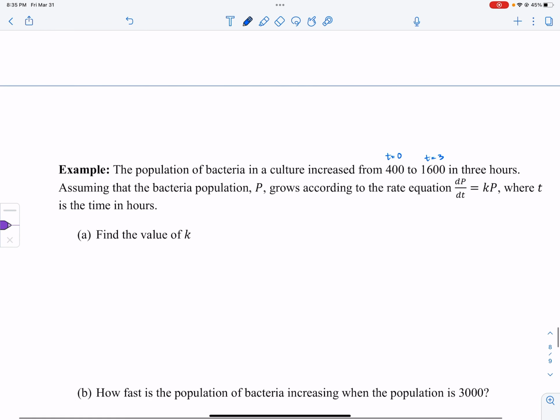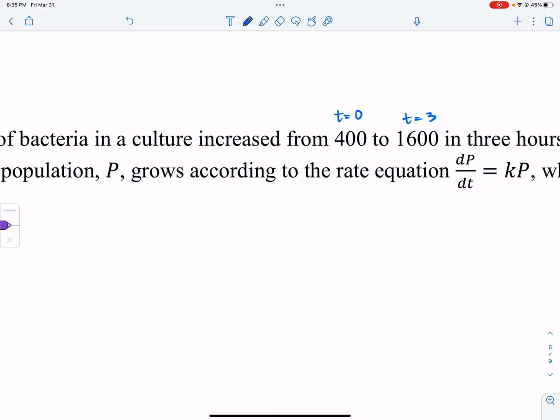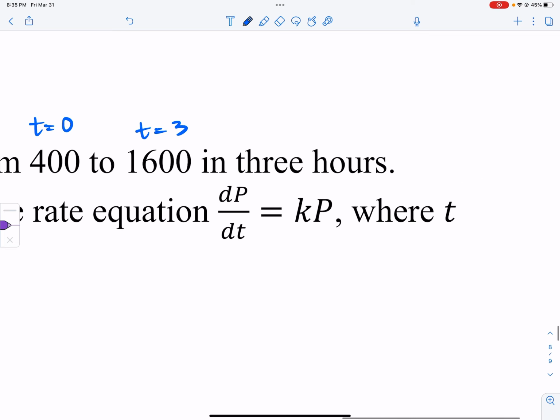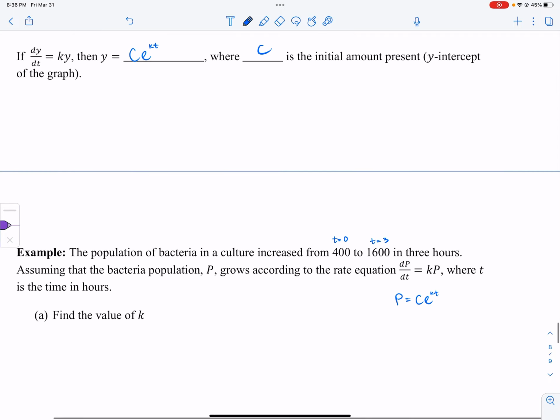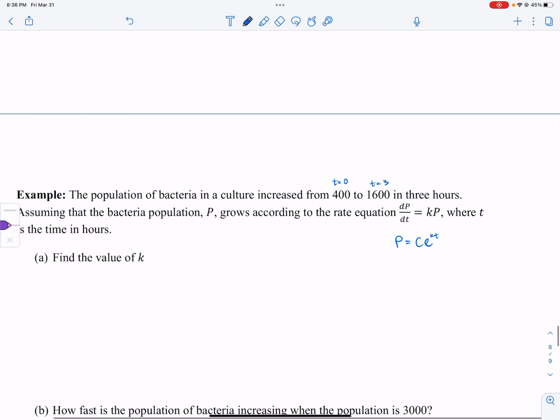Okay, so then we know that the solution to this would be P equals C times e to the kt power. You could double check that if you want, but that's what we'd get based on what we did above.